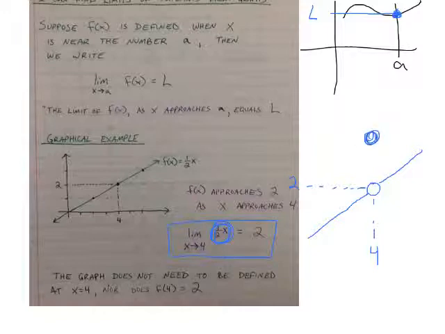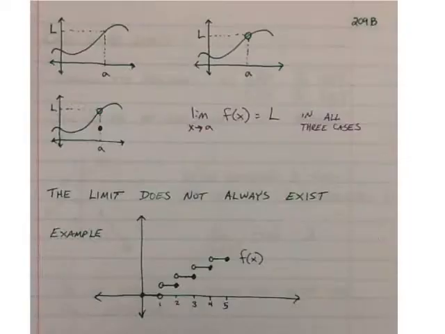If you assigned a value at 4, so we had our line moving along, and right when it got to 4, it jumped up to some value of 7, and then dropped back down and kept going, still the limit as x approaches 4 would be 2. So we'll see this on the next page.